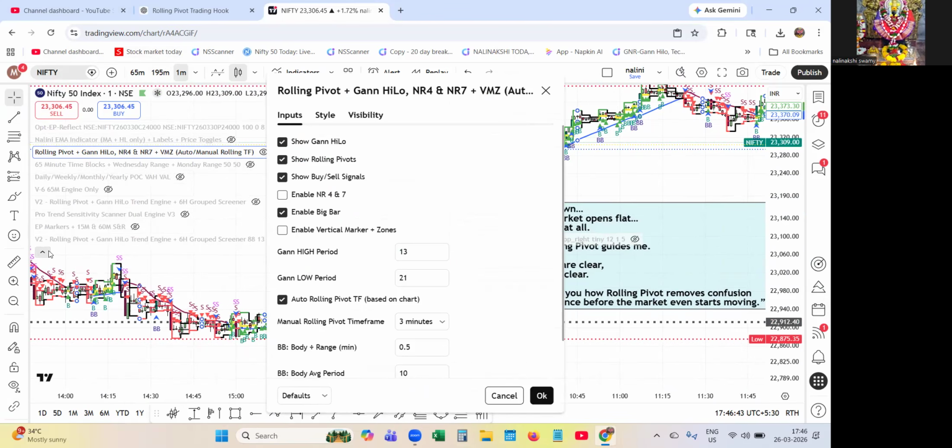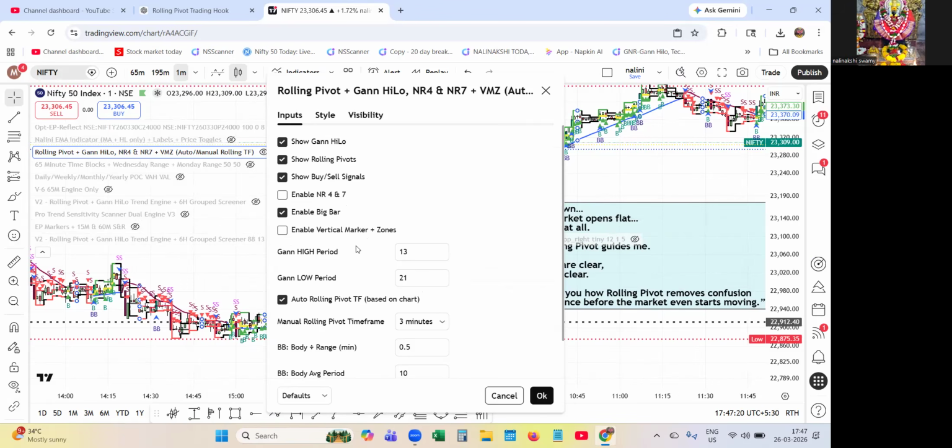In this indicator, I've included a trend indicator and rolling pivots. These rolling pivots have pivot, support, and resistance: S1, R1, and pivot. R2 and S2 are there too, but I'm not using them. I've coded narrow range bars, big bars, and even time zones, but I've disabled all those things.